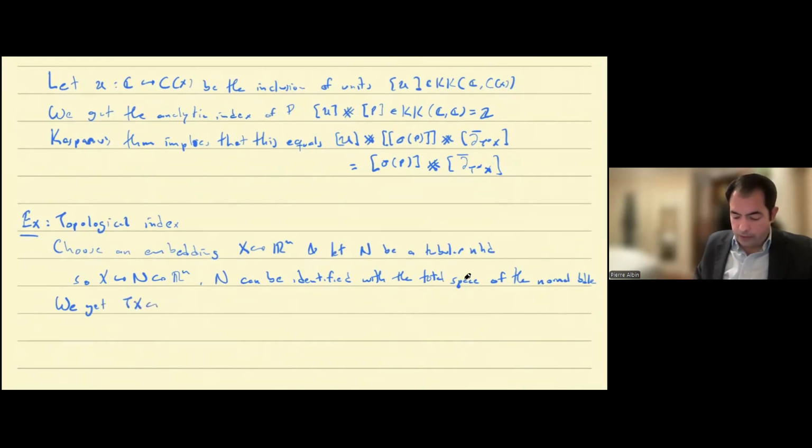So we get corresponding maps of tangent spaces. A tangent space to Rn we can identify with Cn. And here TN is a complex vector bundle over TX. It's the normal bundle to TX embedded in Cn.